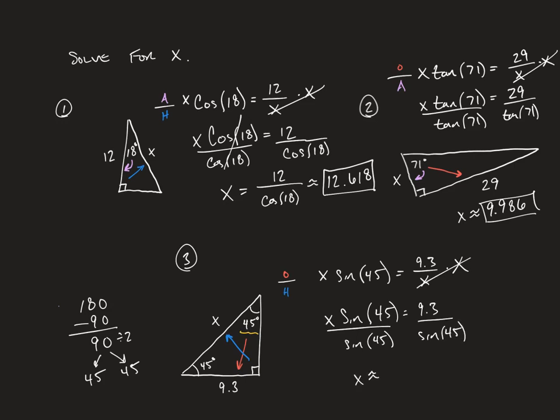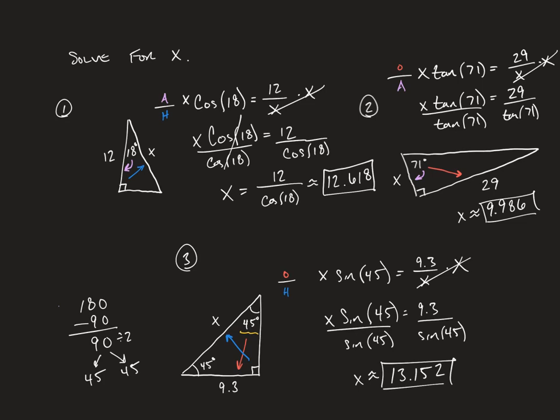So x is approximately 9.3 divided by sine of 45, and that is going to be approximately 13.152. All right, so that's the length of that hypotenuse.